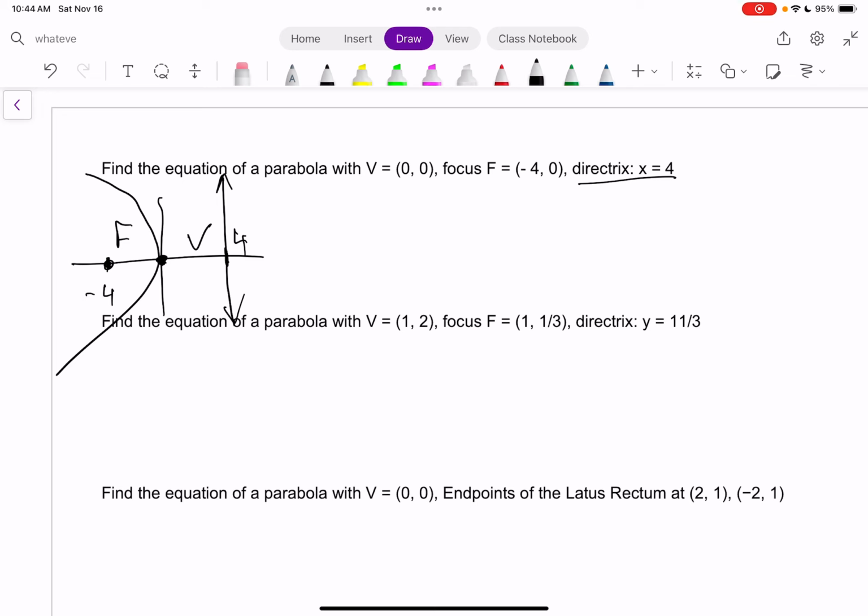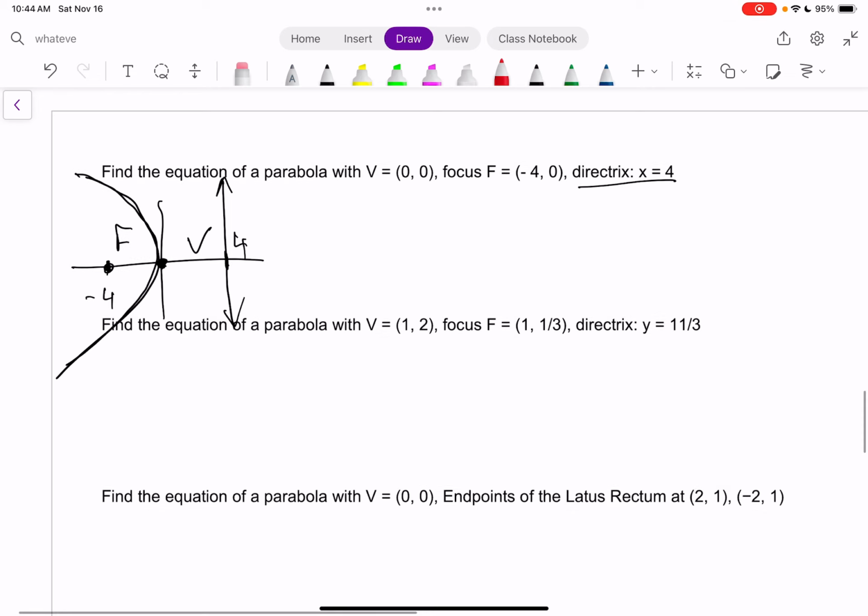Okay. All right, so first things first, only one of these variables is going to be squared. So the question is, who's going to be the squared one? The fact that this parabola opens sideways means it's not a function, so y is being squared and x is not. Now, the other thing, as you see, we have nothing to subtract from x or y, as the vertex is 0, 0. So we have a y minus 0 and an x minus 0. And in front of x, we'll have to put 4 times p, where p is this focal distance.